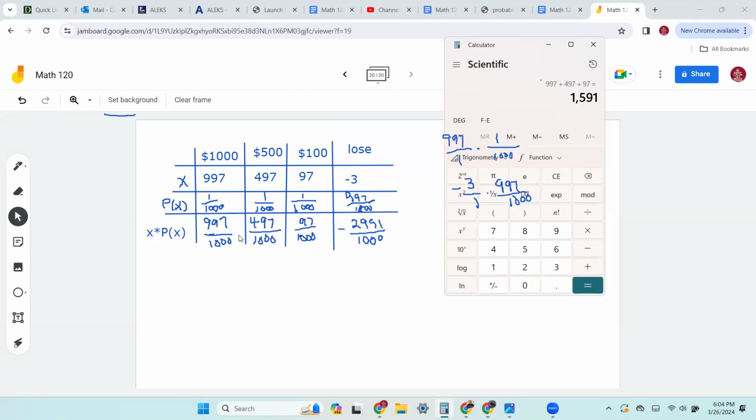So I'm adding all these up. So that's a plus, and then this one is minus. So my fraction is all over 1,000.